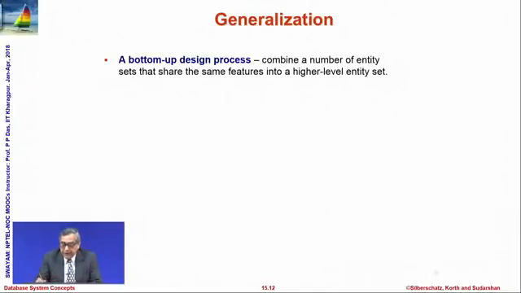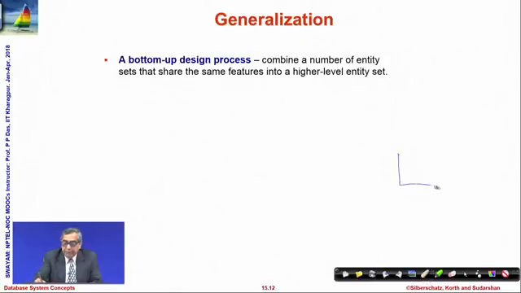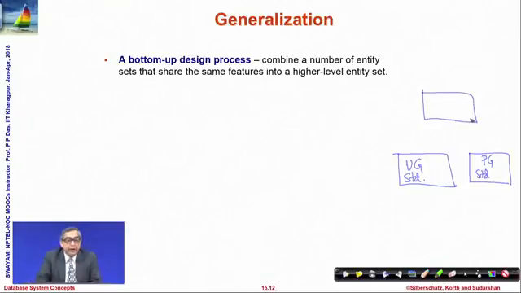For example, let us say that I have one entity set, say UG student, and another entity set in the same university, say PG student. Both of them are students, and naturally they are disjoint. A person cannot be UG as well as PG student at the same time. Once you represent that, you find that there is a lot of information which is common between these two entity sets, like the student roll number, name, and so on.